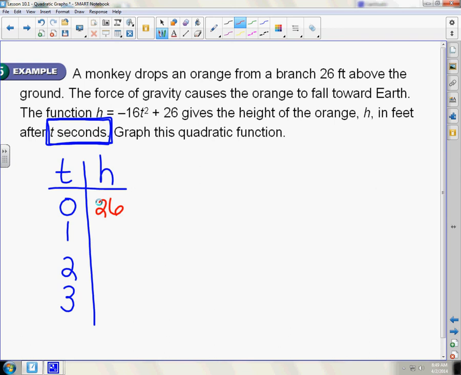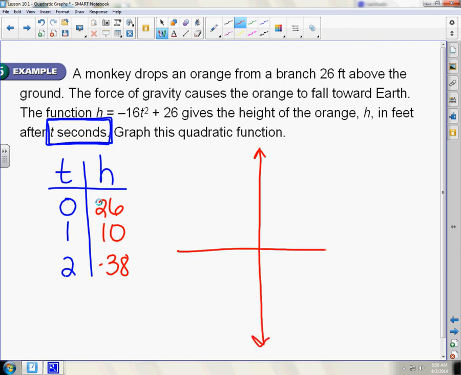Then I have 1 squared times negative 16 plus 26 is 10. 2 squared is 4 times negative 16 is negative 64 plus 26 is negative 38. Now I can stop there because I know if it gets negative, it is going to be past the ground.